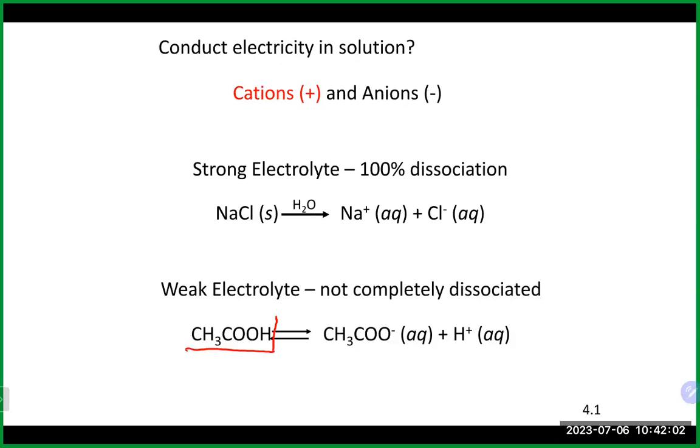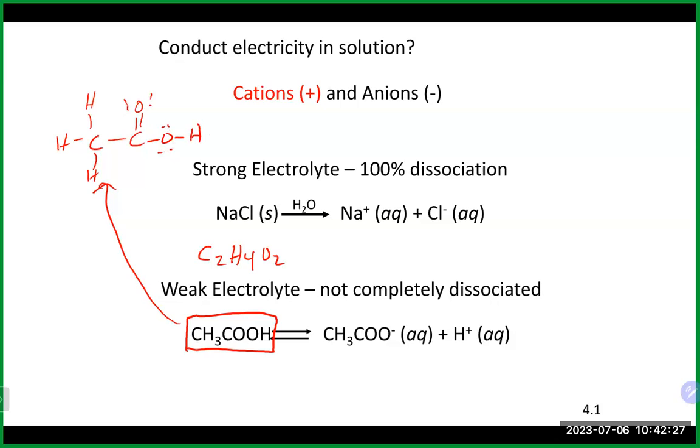This is the formula for acetic acid, but sometimes they will just give you the baseline formula, C2H4O2, which tells you what's in acetic acid. This is more of a structural formula, and if you were to draw the Lewis structure for it, it looks something like this.